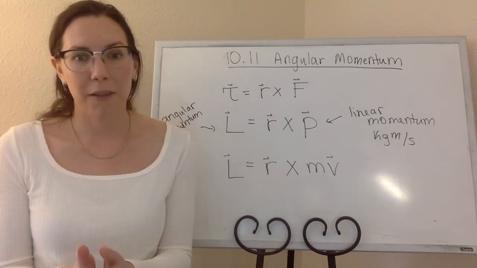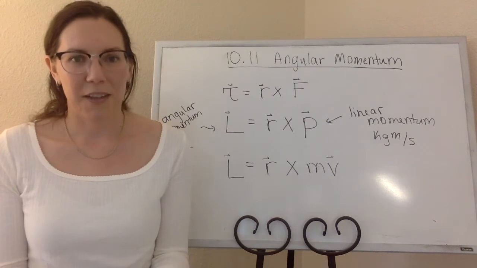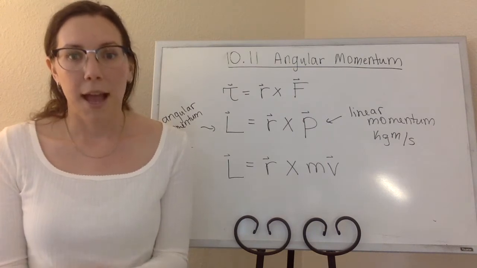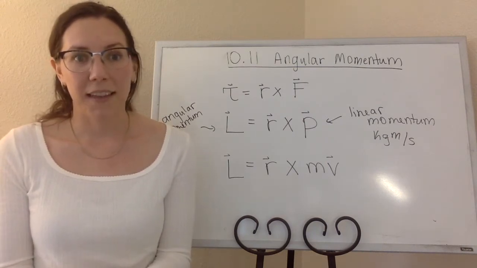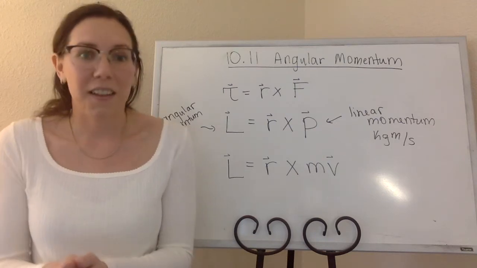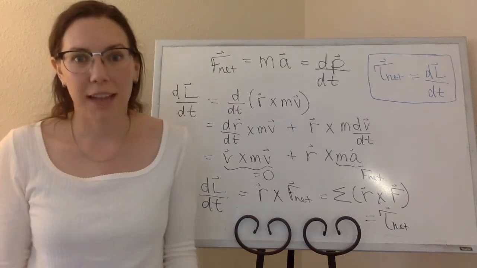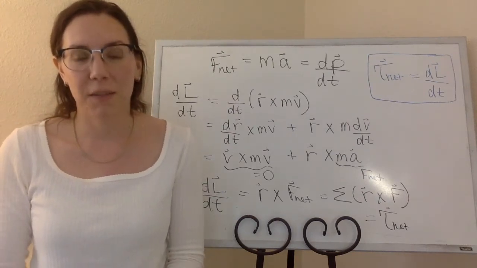Wherever the position vector and the velocity vector are, this will produce a third vector perpendicular to both of them. And if it's rotating in the xy plane, then we will always end up with our angular momentum along the z-axis.